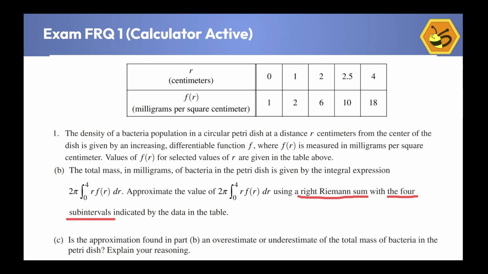Just for reference, the Riemann sum notes are on slide 10. There is a diagram on slide 11 that may help you with this question.